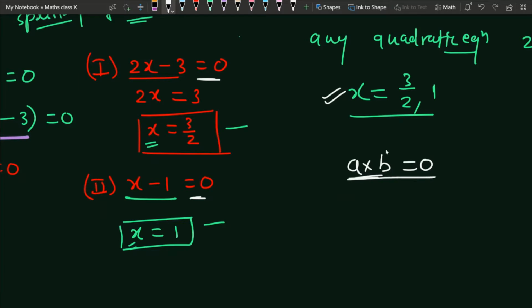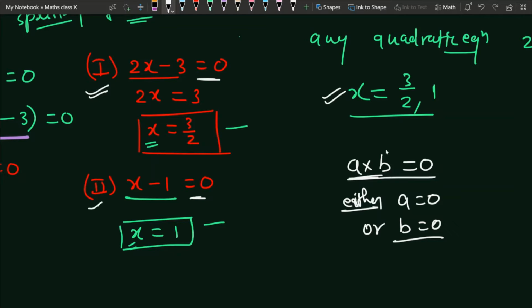This is only possible when either the first expression is 0, or the second expression is 0, or both are 0. That is the only possibility. Otherwise, you cannot equate the product of any two expressions to 0. That's why we equate it to 0.